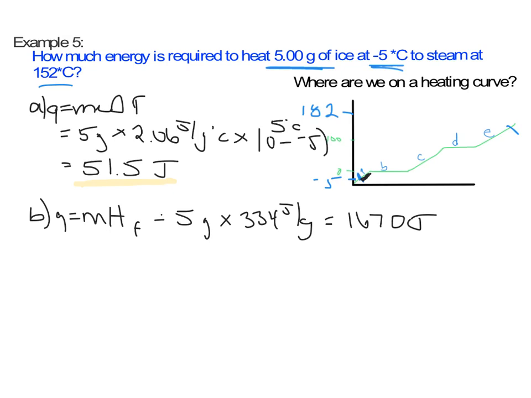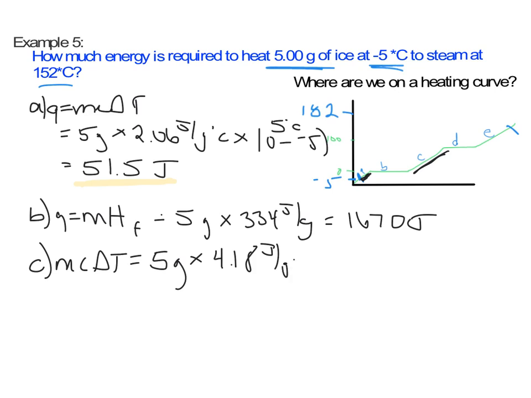Now we're going to have to keep going. So in step C, we got another diagonal line, so we're going to have to use MCAT again, but this time we're dealing with a liquid. So it's still 5 grams. We have to pull the specific heat of liquid water, 4.18 joules per gram degree Celsius, times this change in temperature. The change in temperature for step C, the final is 100 minus the initial of 0.